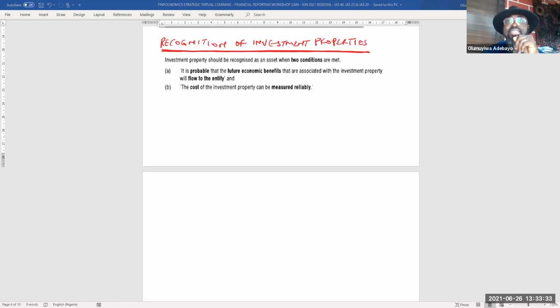The question then is, what will be the value to which you recognize investment property in your books upon initial recognition? At what value are you going to measure your investment property at the point of you recognizing it in your books? Can somebody give me an idea?